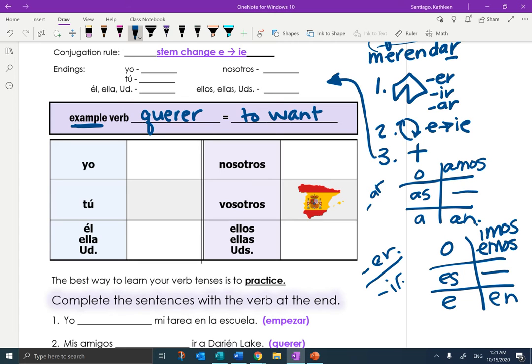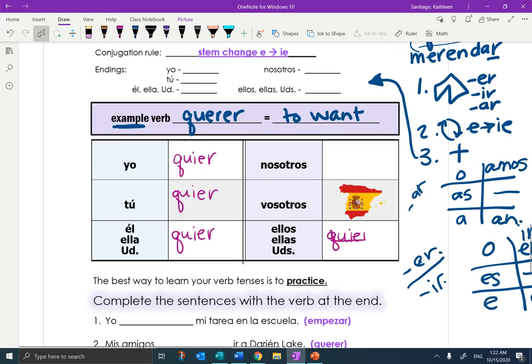Now what I want to do is make my stem changes and put it everywhere. So I'm going to switch colors, and I'm going to do the stem change. Q-U-I-E-R, Q-U-I-E-R, Q-U-I-E-R, Q-U-I-E-R. Whoops.